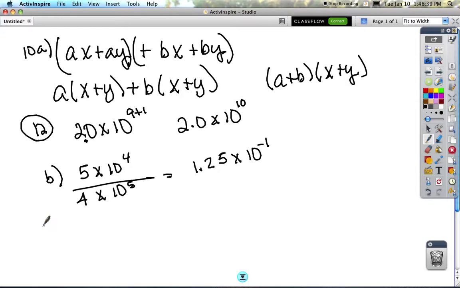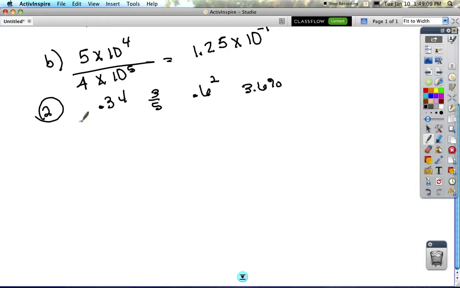Okay, let's look at number 2 at the very bottom of the page. You've got 0.34. You've got 3/5. You've got 0.6 squared, and you've got 3.6%. Now, we've not exactly done something like this, but this is something I would expect y'all to be able to do. So, what I want you to do when you have stuff like this is change everything to a decimal and think of it like money.